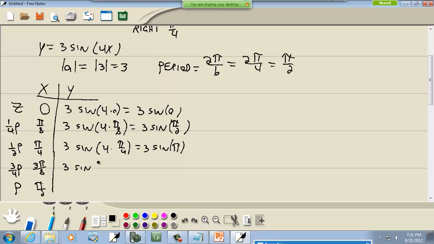This one is 3 sine of 4 times 3 pi over 8, which is 3 sine of 3 pi over 2. And this one is 3 sine of 4 times pi over 2, which gives us 3 sine of 2 pi.